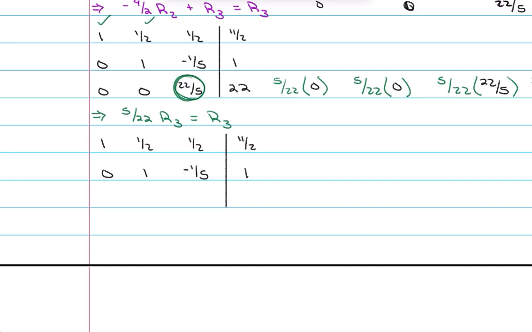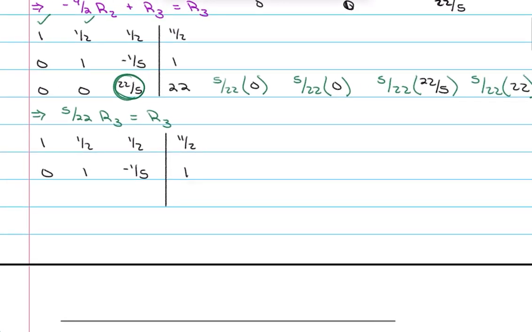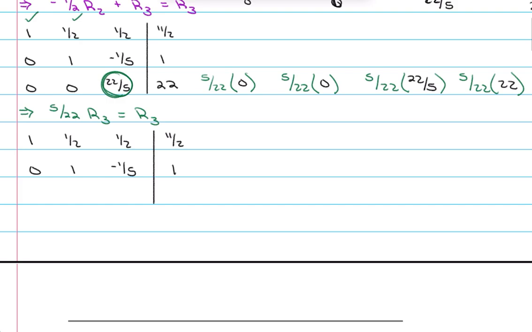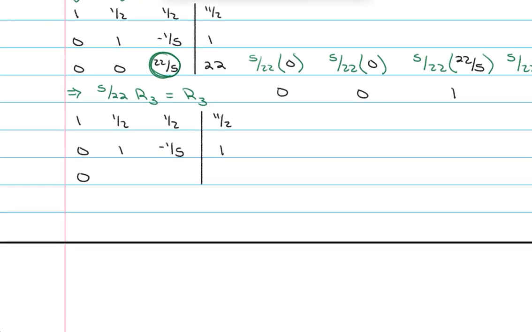And then my new row 3 will look like 5 over 22 times 0 is 0. 5 over 22 times 0 is 0. 5 over 22 times 22 over 5 is 1. And 5 over 22 times 22 is 5. Okay, so my new row will be 0, 0, 1, 5.